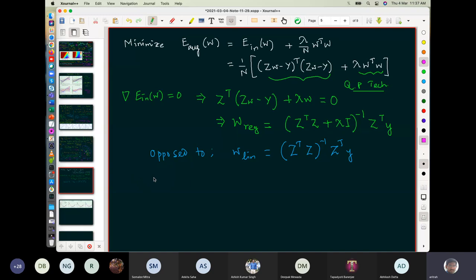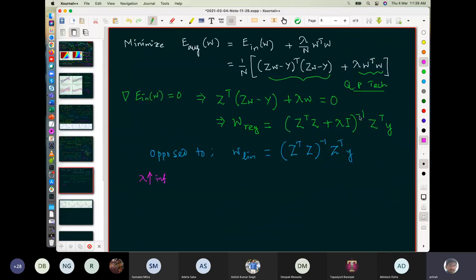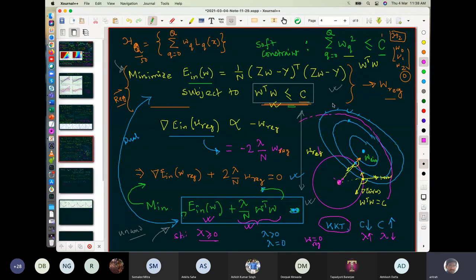But see why this solution is also valid. Try to think what happens if your lambda is infinite or too huge. Pictorially, what does it mean? It means C is very small. That means I am constraining the solution as if I am allowing just zero weight. I am not allowing anything. Lambda is used as the inverse, so it comes in the denominator, and your W_reg becomes 0. If your lambda is too small, that means your C is very large.